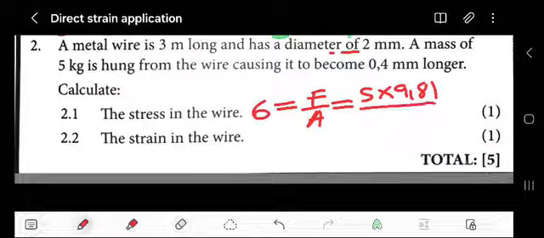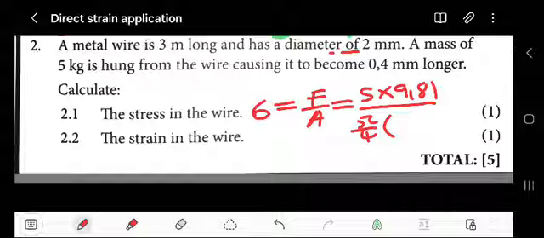Divide this by pi over 4 into the diameter, which is 2. You divide 2 by 1000, and you'll get 0.002.